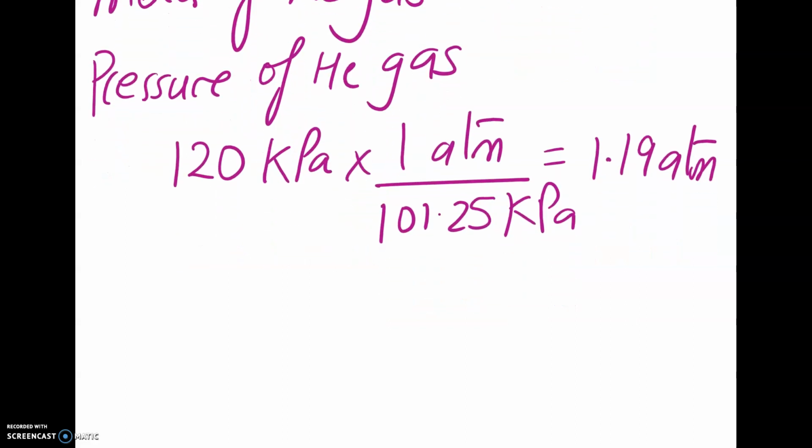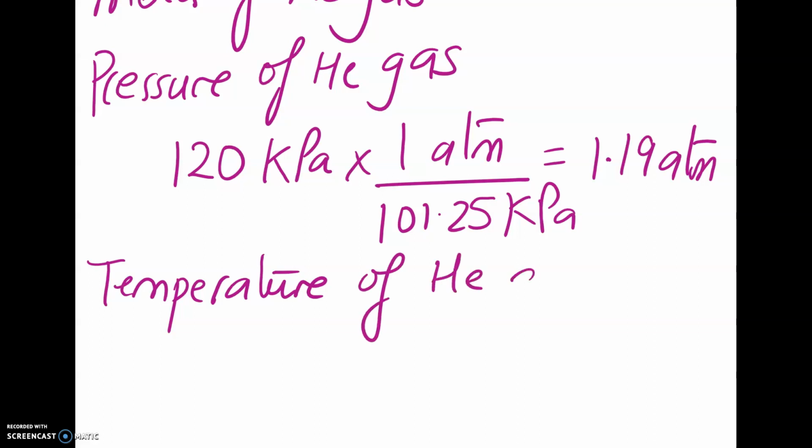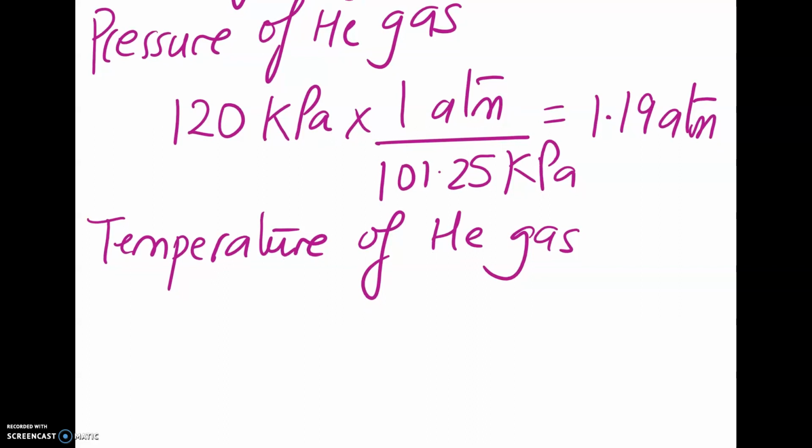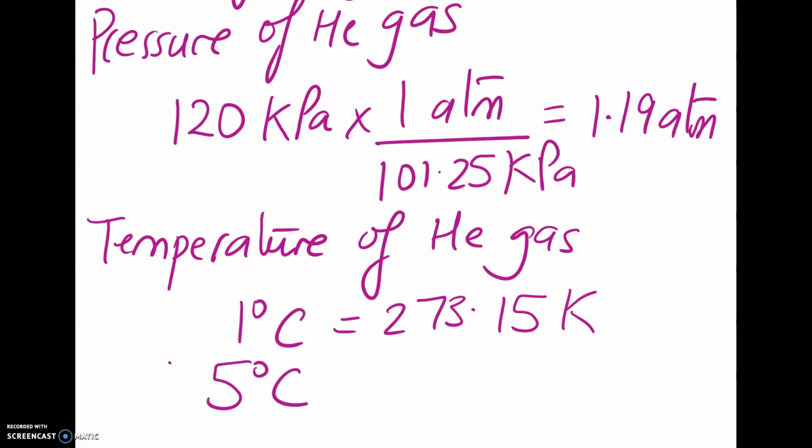The next entity I need to know is the temperature of helium gas, and again I need to change it from degrees centigrade to Kelvin, and 0 degrees centigrade is equal to 273.15 Kelvin. I have been given 5 degrees, therefore I'll have 278.15 Kelvin.